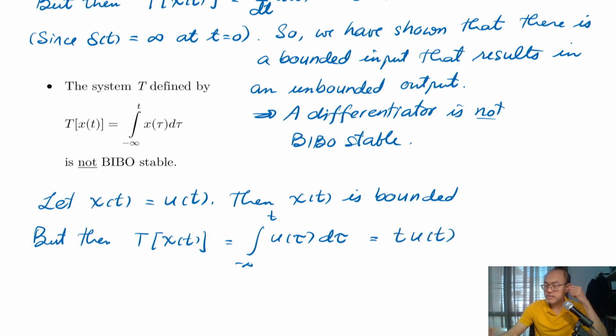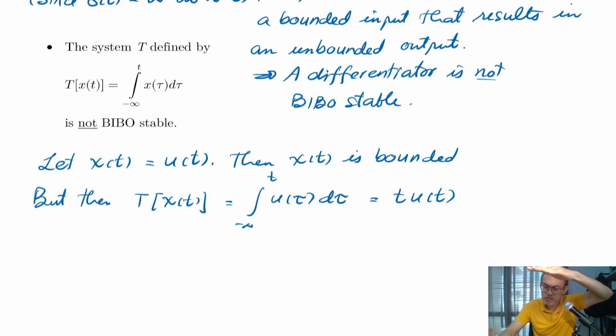Now this signal is not bounded because you cannot find an upper boundary to this function, because t will outgrow whatever you have for the upper boundary. There is no upper boundary to this signal. t always grows, no matter what.